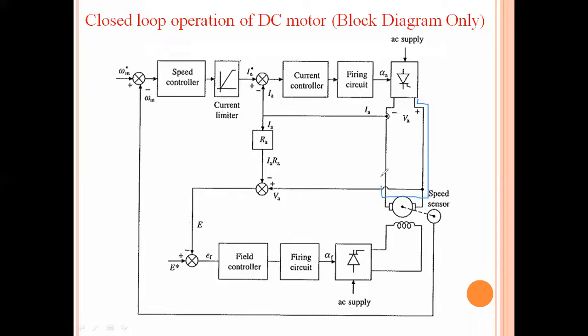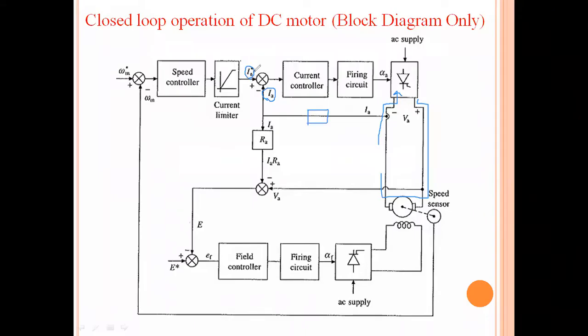So the current will be flowing like this and flowing back like this. So a current sensor is used here to sense the current, and it is filtered to remove unwanted signals, and this is given to a summer.